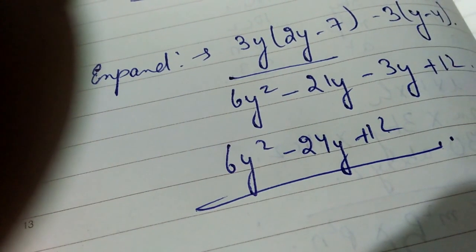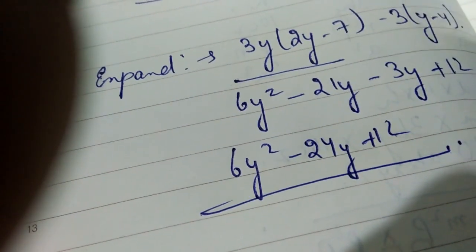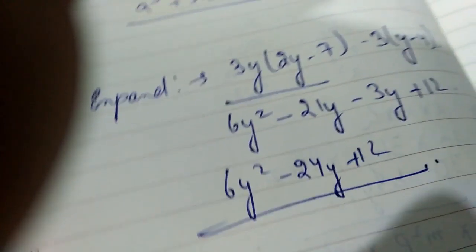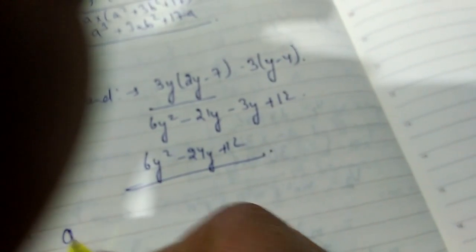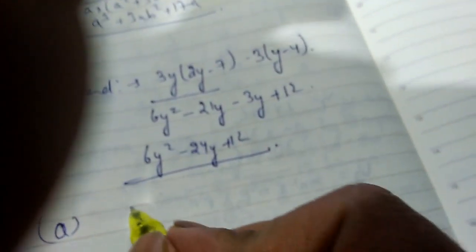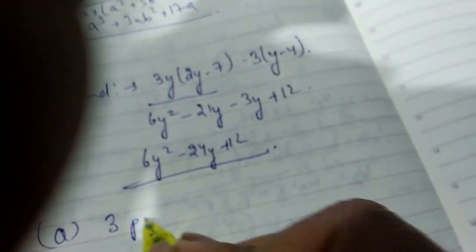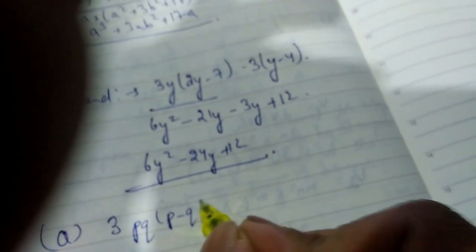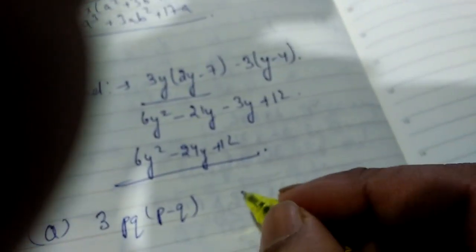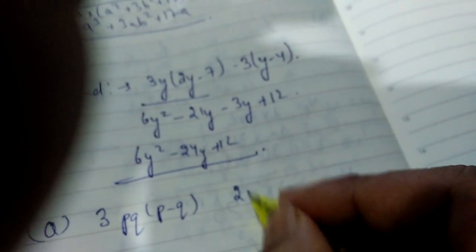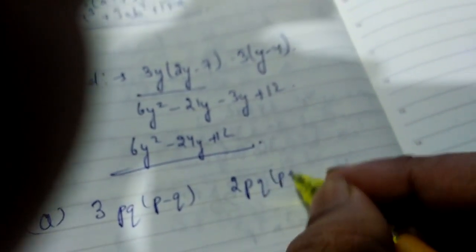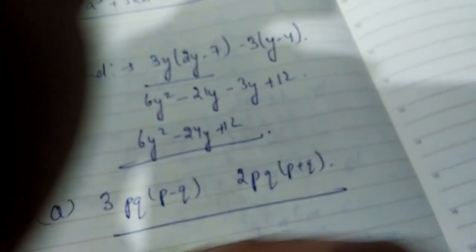So these are going to be simple questions like this. Now again, the question will be, let's say, 3pq(p minus q) and 2pq(p plus q). Now subtract these two.